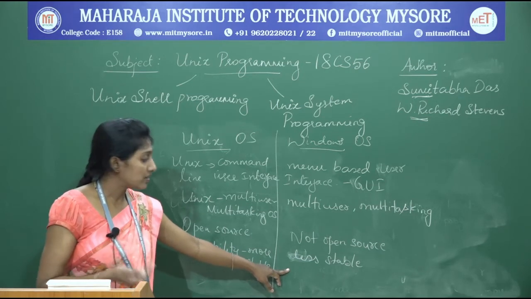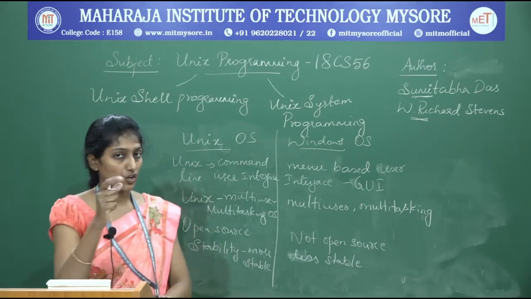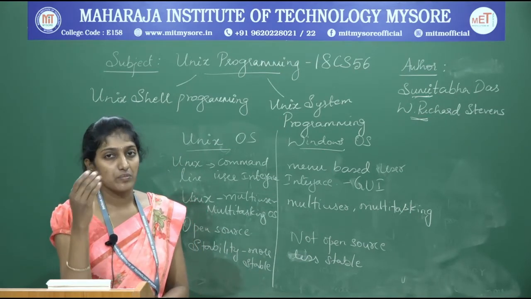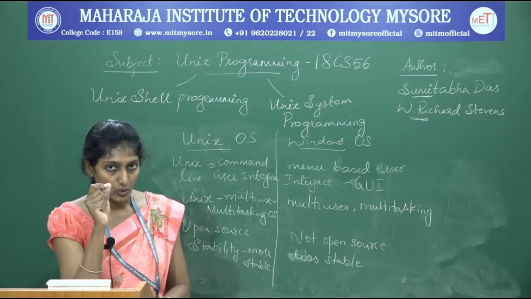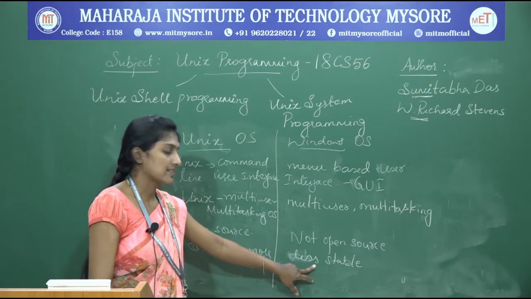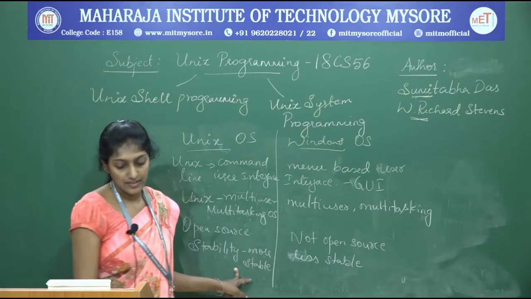Why is it less stable? As I said, just by a click you can access n number of programs at the same time. Since we can execute multiple programs, it becomes very less stable, whereas Unix is more stable.